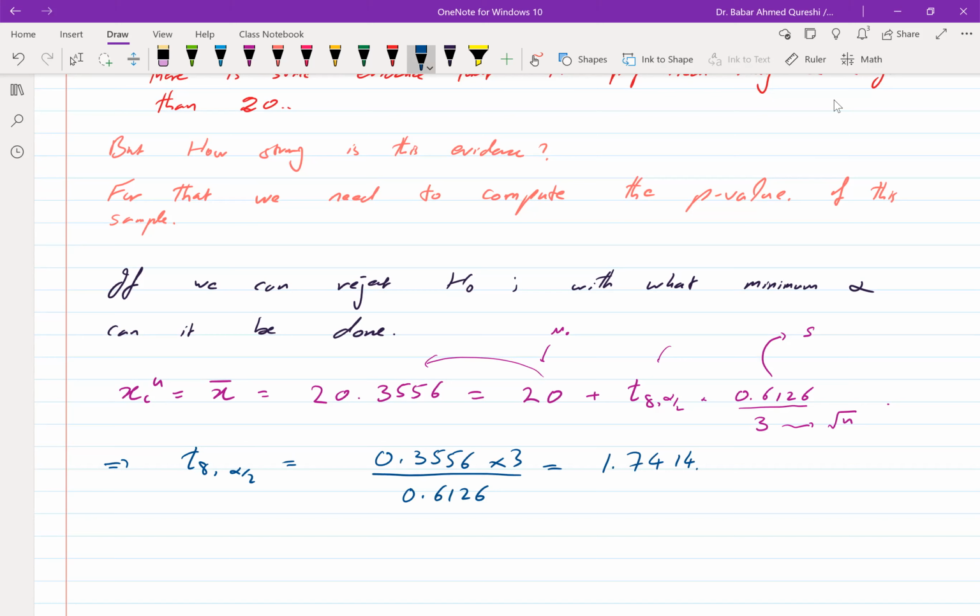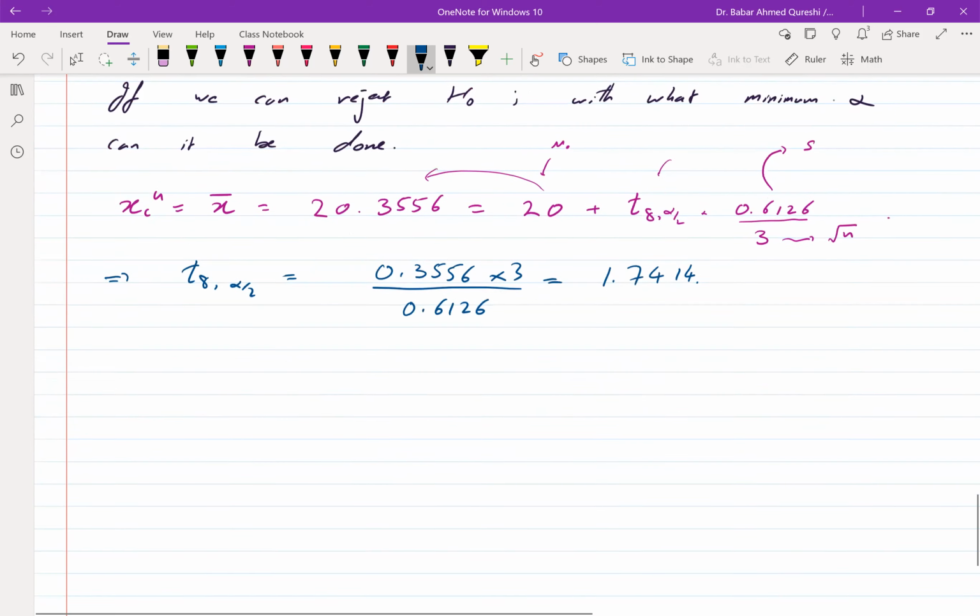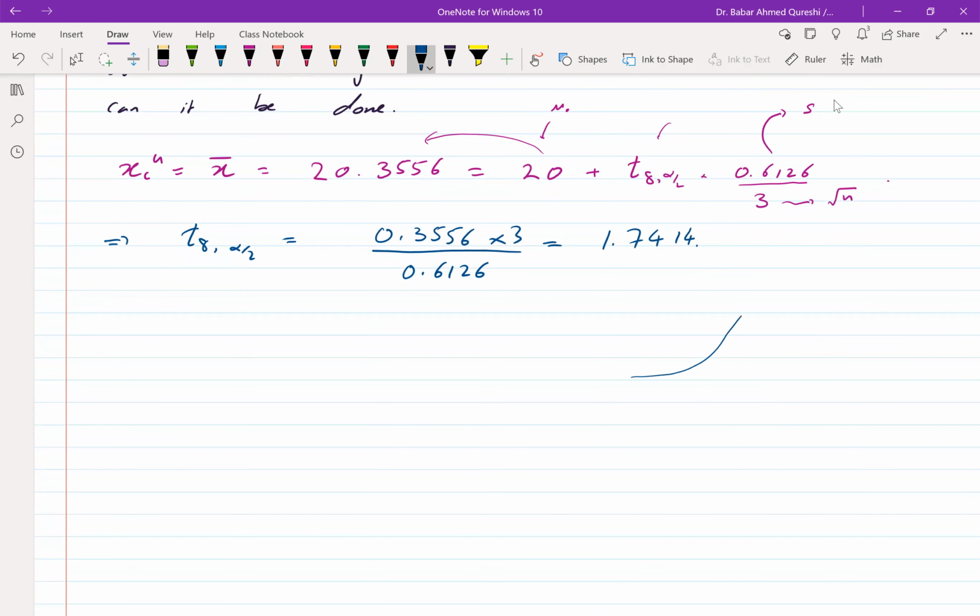And you have to find out, now this time you have the critical value. This is the T graph. And you know, T graph is also centered around 0, always. You know that this number is 1.7414. You want to know how much is the area?